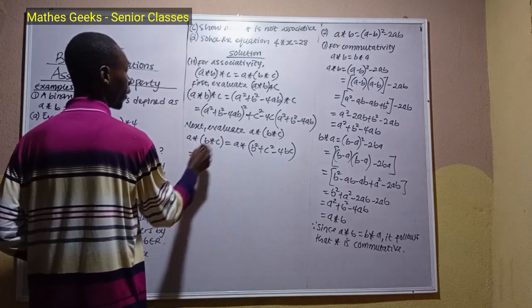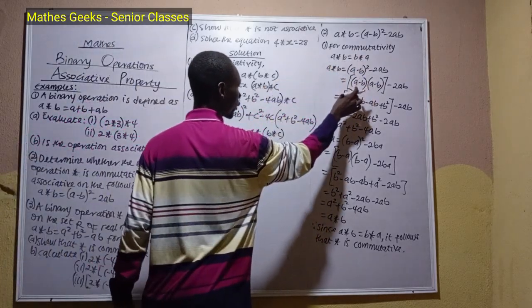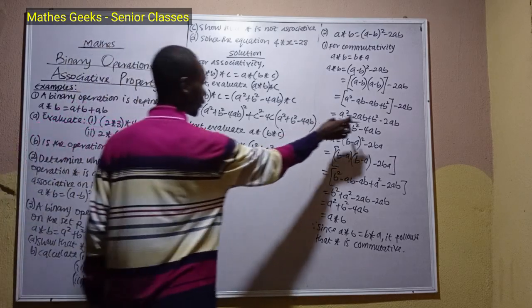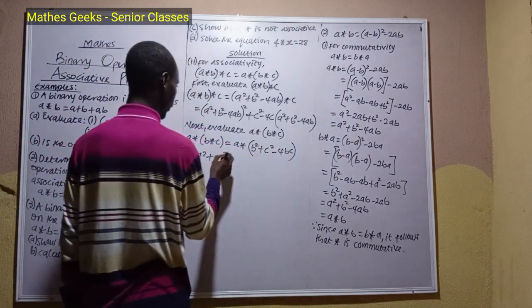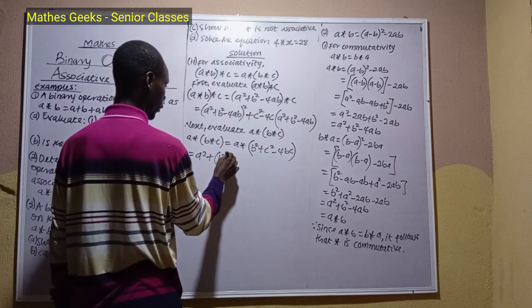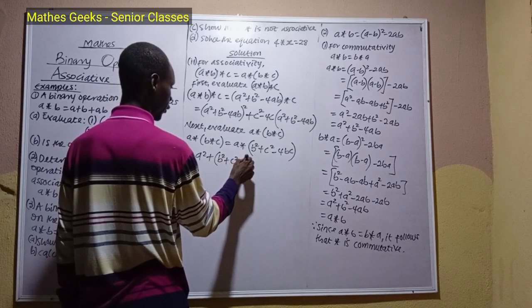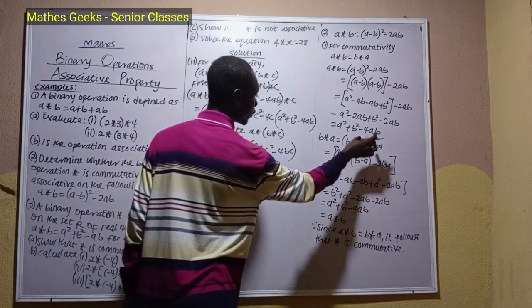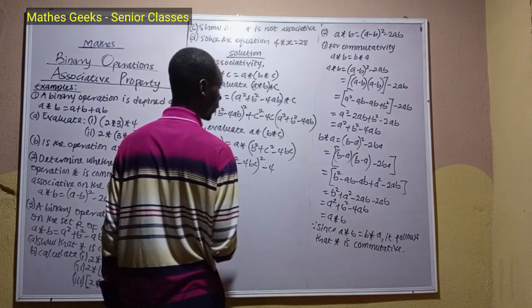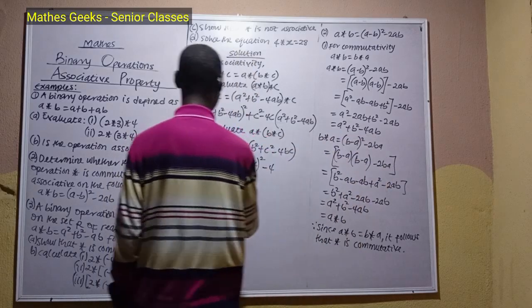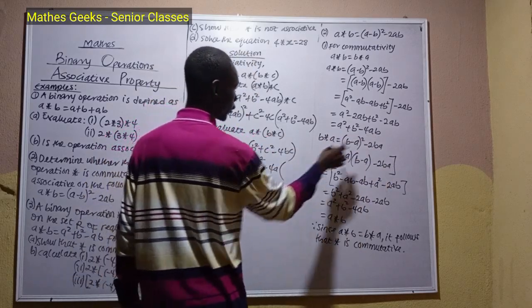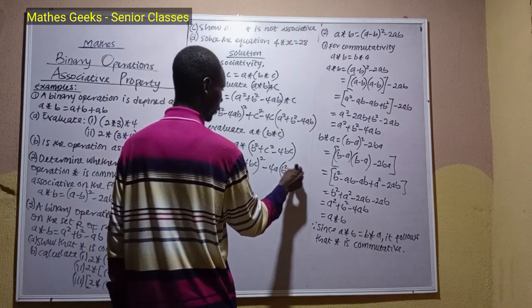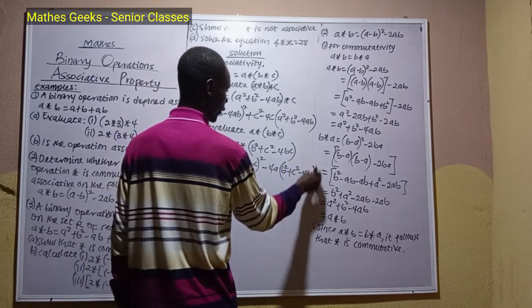So here we have A squared, and next we have B squared, and B is this, so it gives us (B squared plus C squared minus 4BC) squared. And next is minus 4, and then what's our A? A is A. And then what's our B? B is B star C, which is B squared plus C squared minus 4BC.